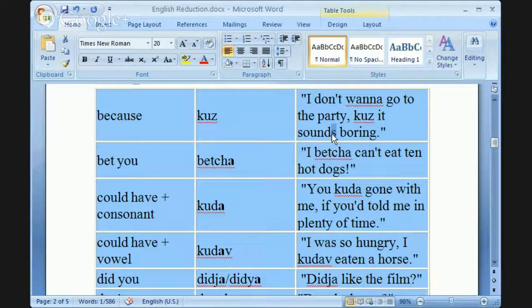Walter's gonna. The is I just reduced to Walter's, a quick z at the end. The auxiliary, definitely reduce. All right? But the grammatical ending of the verb, never, never, never. You have to fully pronounce it.